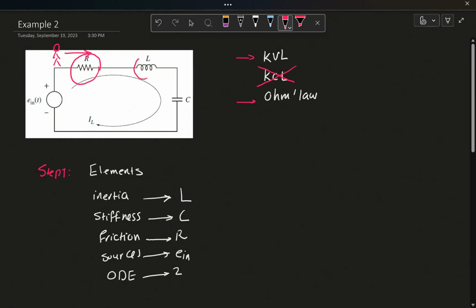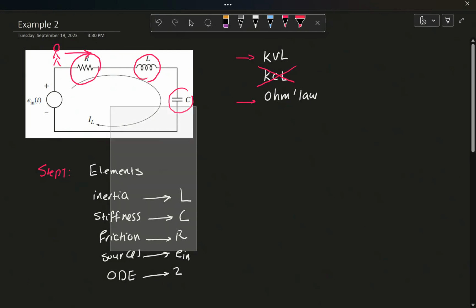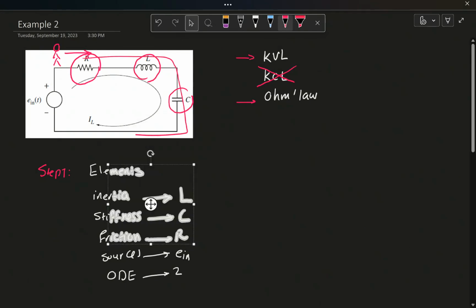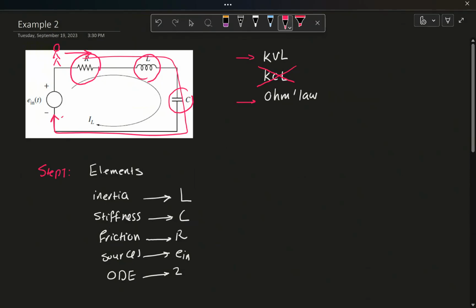Also, the voltage across the inductor and the capacitor drops. And when you get to the battery, you see that you hit the negative polarity of that battery first, then the voltage rises. This is the second convention, yes?